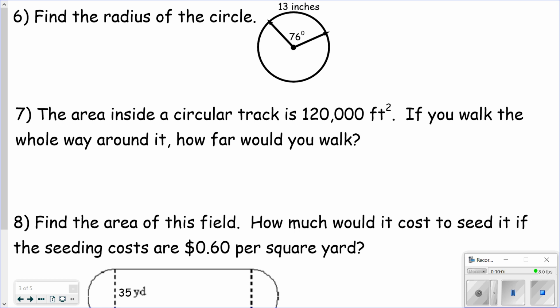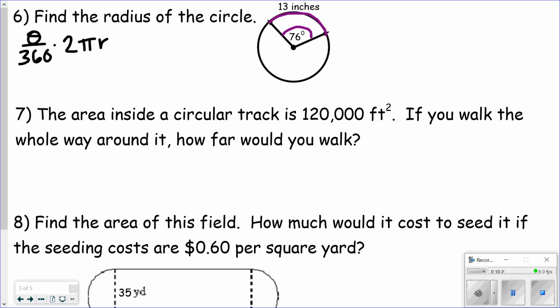Question number 6, find the radius of the circle. All right, if I look at my circle, what they give me is that I know that this arc length is 13 and my angle measure is 76 degrees, which means I'm going to need to use my arc length equation. So let's plug in what we know. Theta is 76.